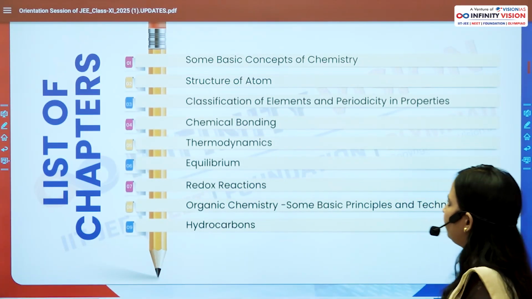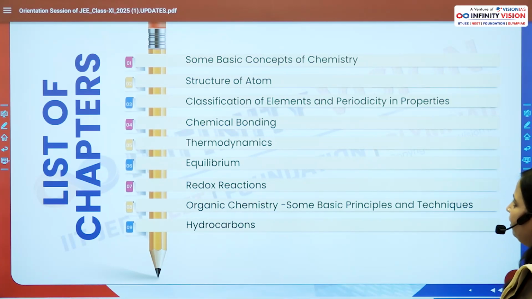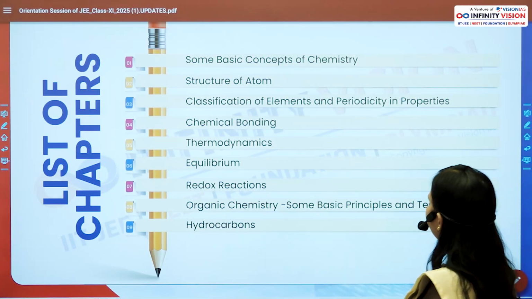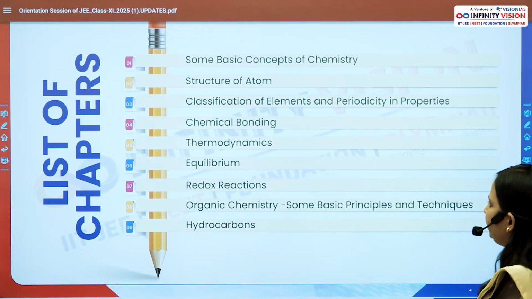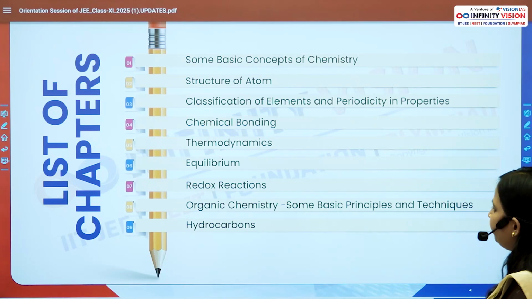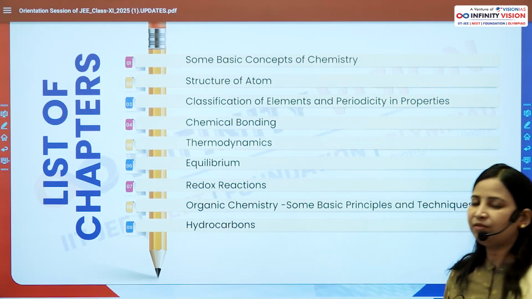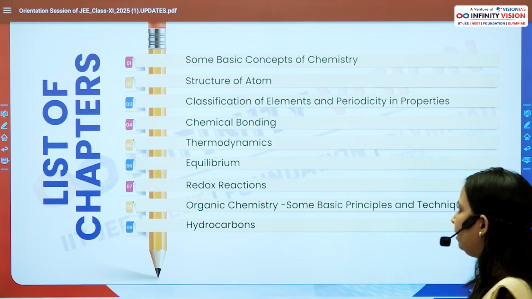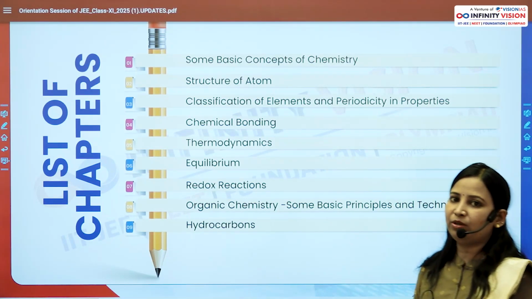The syllabus of chemistry is: some basic concepts of chemistry, structure of atom, classification of elements and periodicity in properties, chemical bonding, thermodynamics, equilibrium, redox reaction, organic chemistry some basic principles and techniques, and hydrocarbons. So a total of 9 chapters are there, and you can further divide them into physical, organic and inorganic sections.